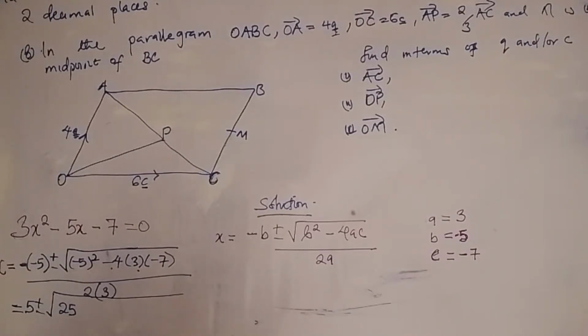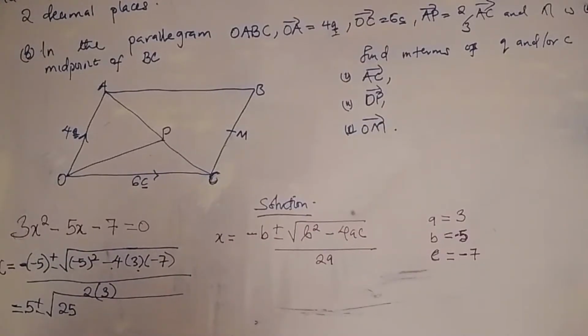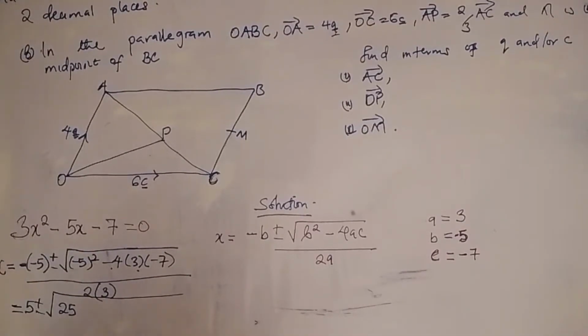We have 84. So here you say plus 84. Then what is 2 times 3? So 2 times 3 is basically 6.